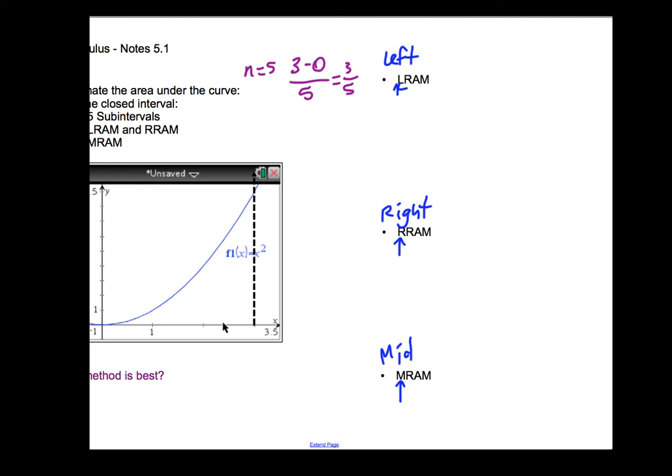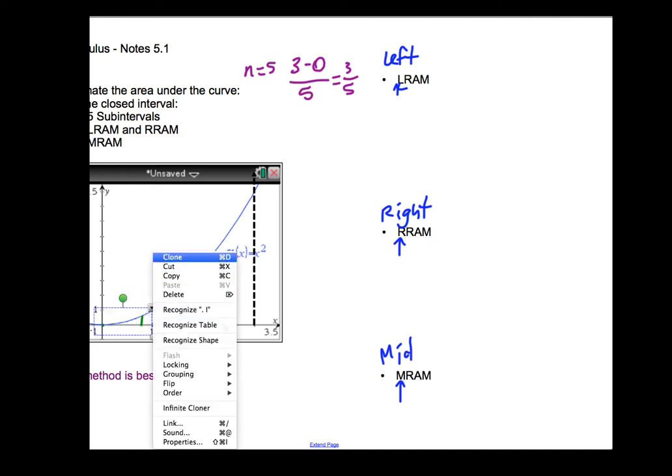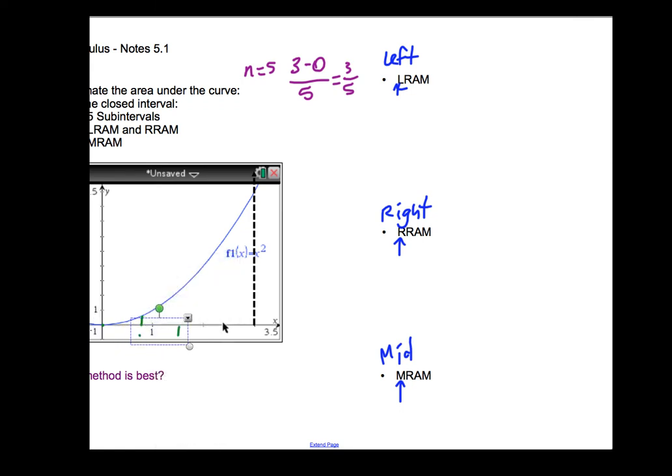We're going to divide into 5, so 3/5 here. And 3/5 would be about from here to here. Let me grab these two, and we'll clone them and try to get as perfect a split as we can here.